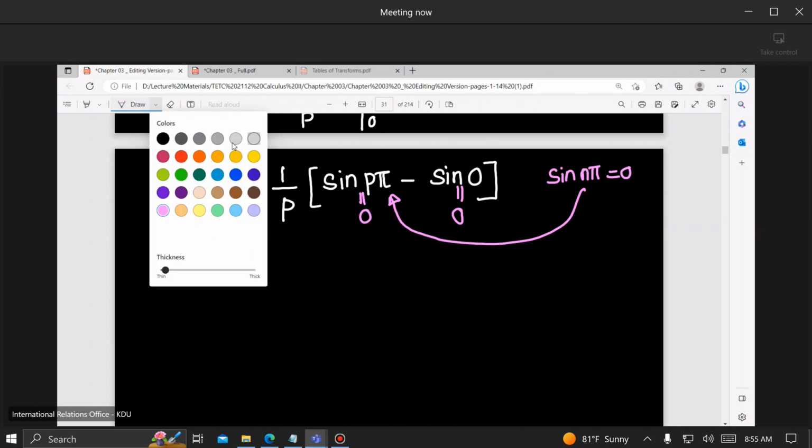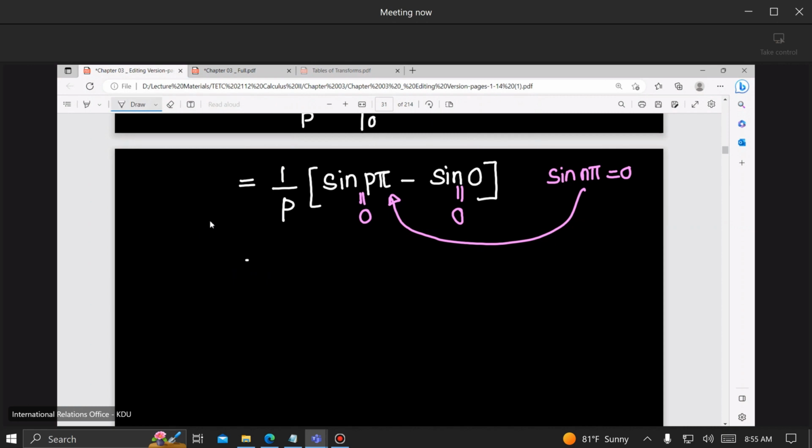So we obtain 1 over p times 0 minus 0, so the answer should be 0. So we have obtained the finite Fourier cosine transform of the function f equal to 0.